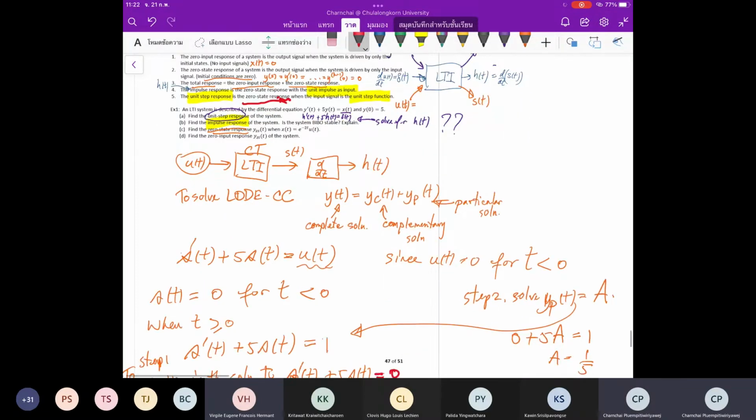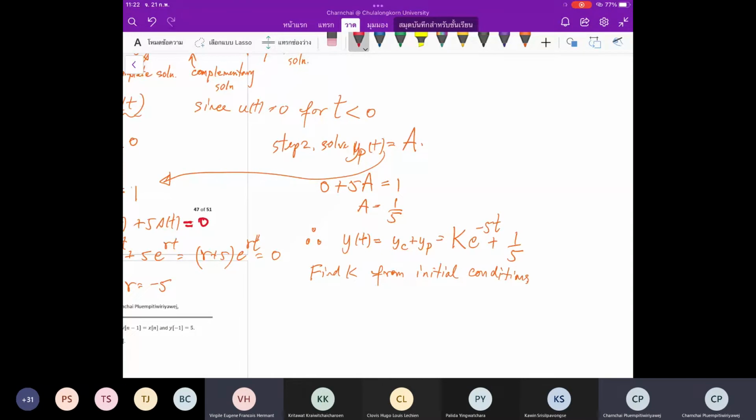So in this case, to find s(t), we assume the initial condition to be zero, y(0) is 0, or s(0) is 0, same thing.